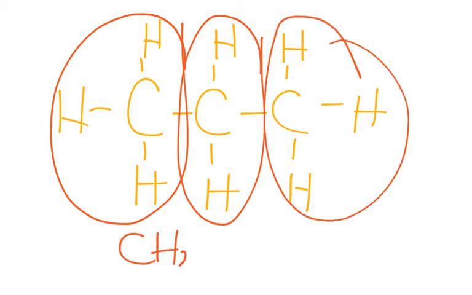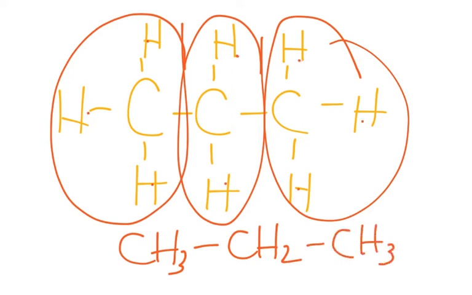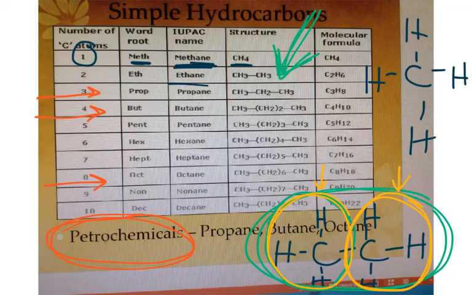And so we would write CH3, because there's 1, 2, 3 hydrogens, and that's connected to CH2, there's 1, 2 hydrogens, and that's connected to CH3. So this is a pattern you see a lot in this chart. You also see as you get bigger, then rather than writing the whole thing out, they tell you the middle section has 3 of those little CH2 units. That's what that notation means. That's something that you're going to see a lot of.